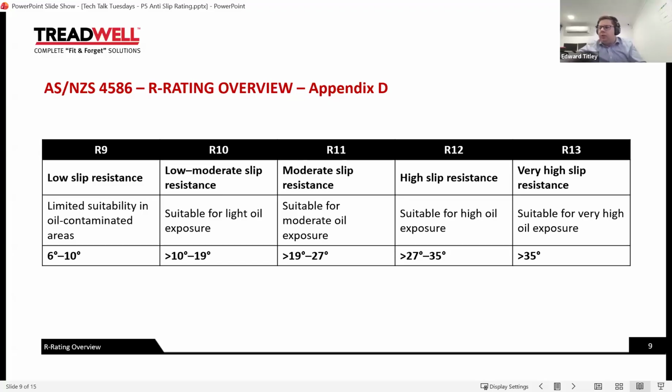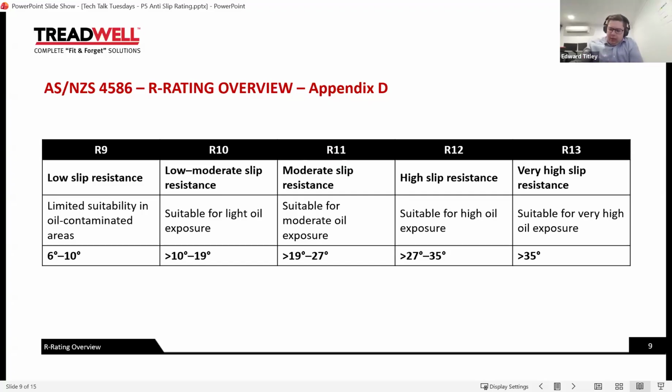This wouldn't exactly supersede that. And also, AS 1428 has gradients for ramps and so on. This wouldn't supersede that. So I just bring it up to make sure that we're not building a structure, or specifying a product in a situation that's outside the scope or the intent of a standard.